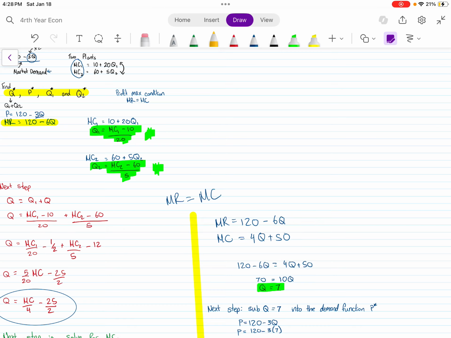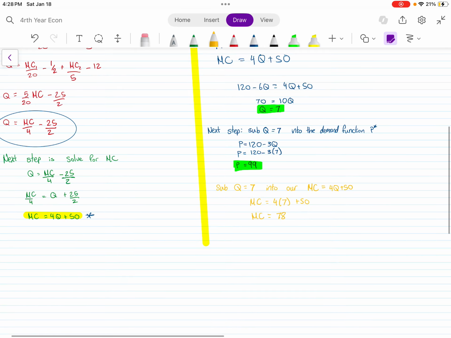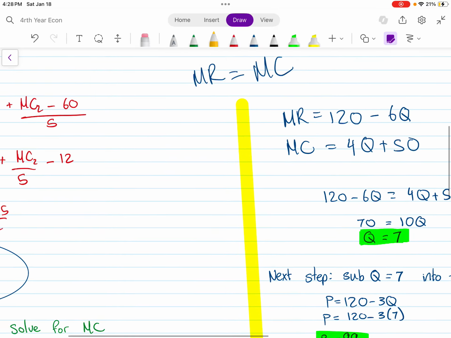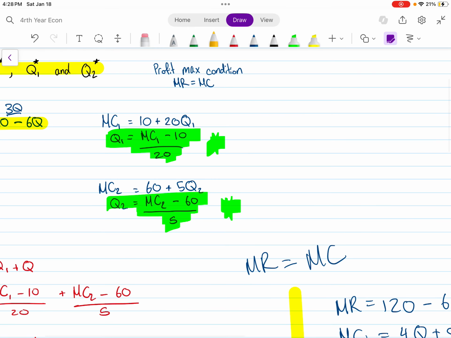Now we want to figure out what the quantity that should be produced in each plant is in order to maximize the profit generated from that specific plant. So we're going to sub in marginal cost in each of these equations.